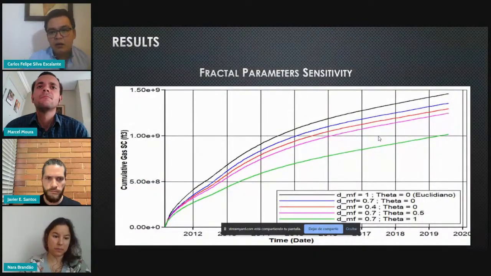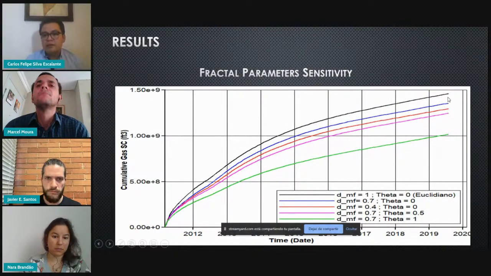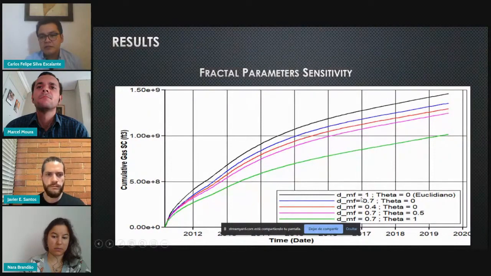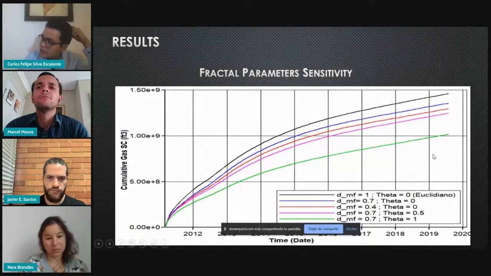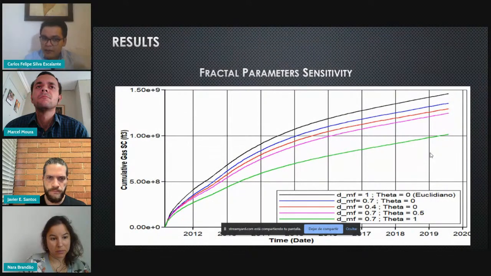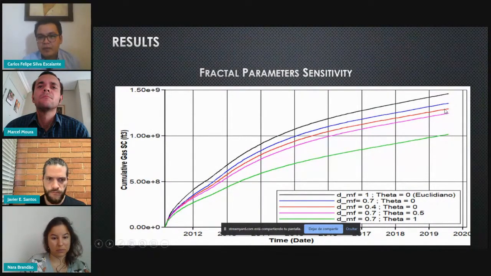Then other results is a fractal parameter sensitivity. In the black line, we have a Euclidean behavior with fractal dimension as 1 and theta 0, considering totally connected natural fractures. Then if we decrease the fractal dimension like 0.7, we have the blue line, and if we decrease more, we have the red line with 0.4.